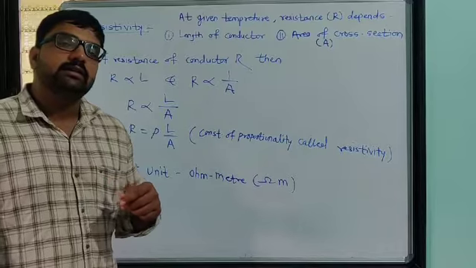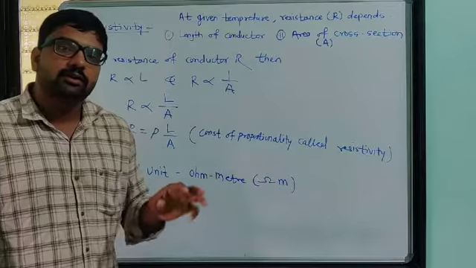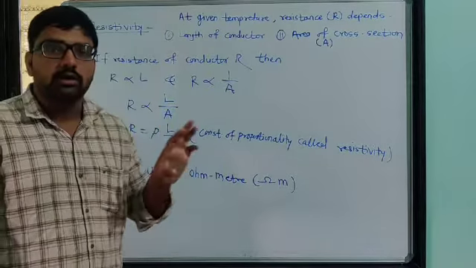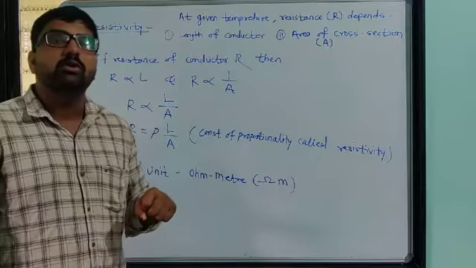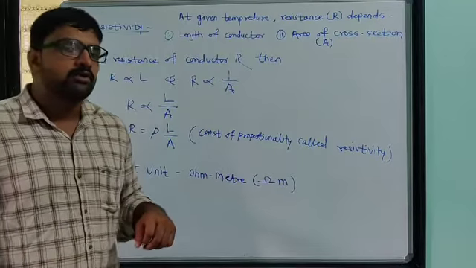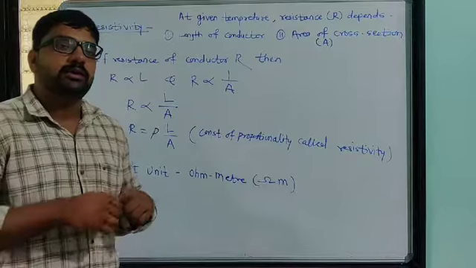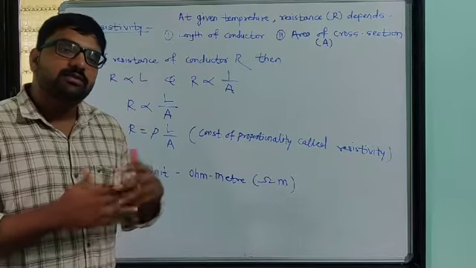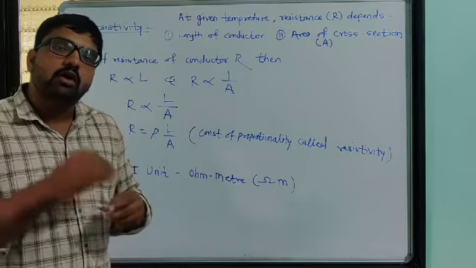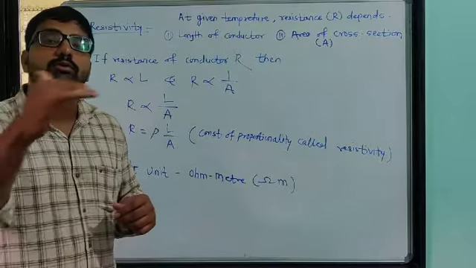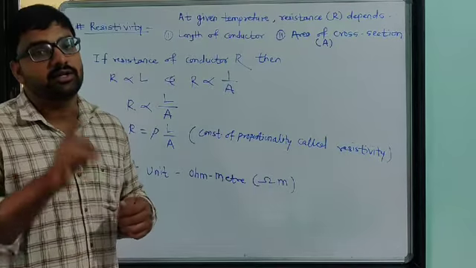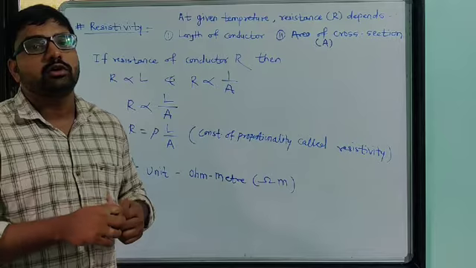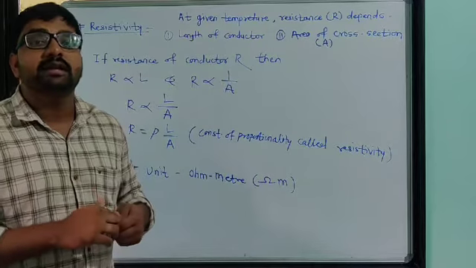And we know electric current is simply the flow of electrons from lower potential to higher potential. Due to that collision, an obstacle came in the path of this flow, so we can say it minimized the electric current.